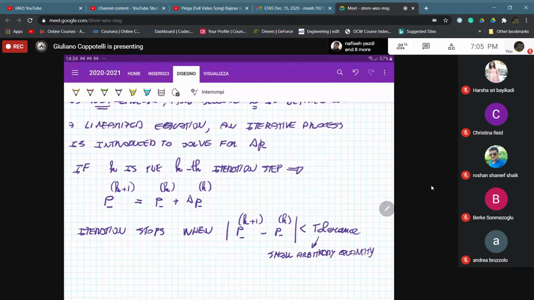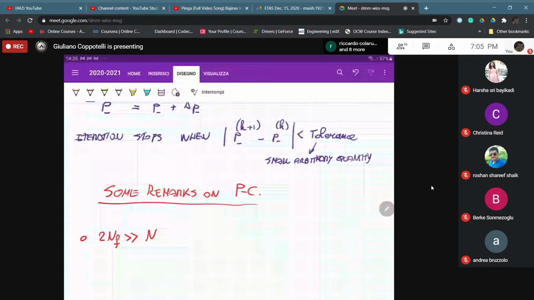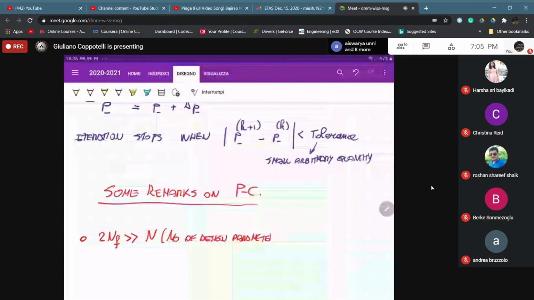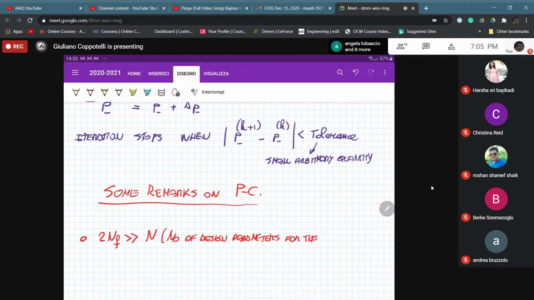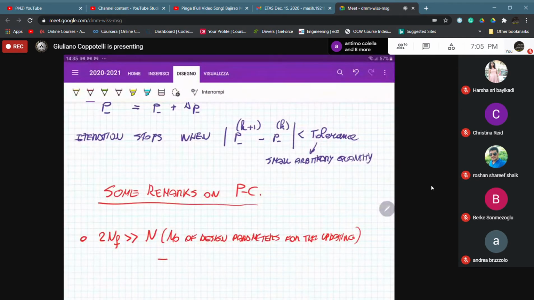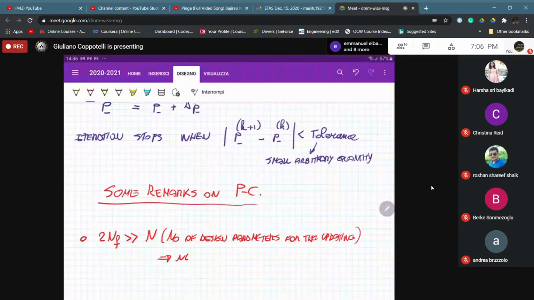First, the number of frequency lines is generally much larger than the number of design parameters that we consider for the structure updating, and because of this, they introduce some numerical instability.